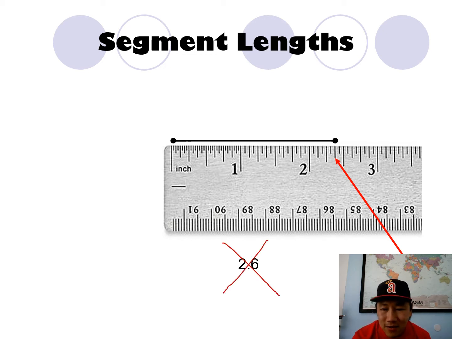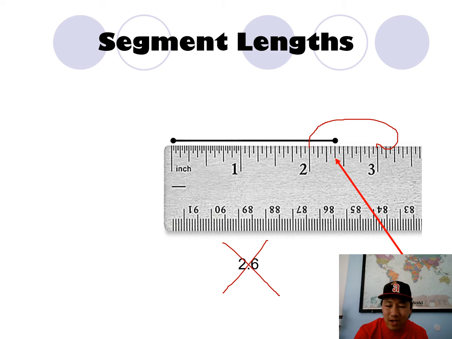Because if you count all the notches from 2 all the way to 3, there's actually 1, 2, 3, 4, 5, 6, 7, 8, 9, 10, 11, 12, 13, 14, 15, 16. There's actually 16 spaces in between 2 inches and 3 inches.